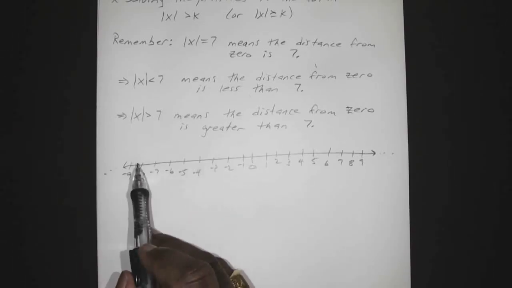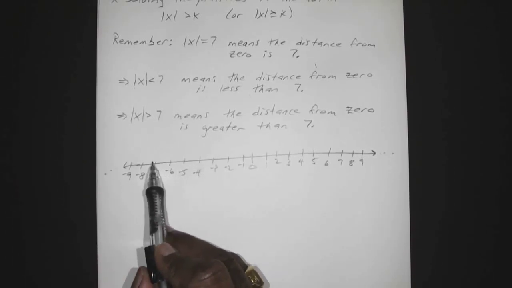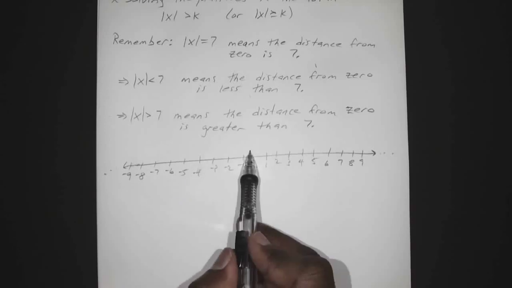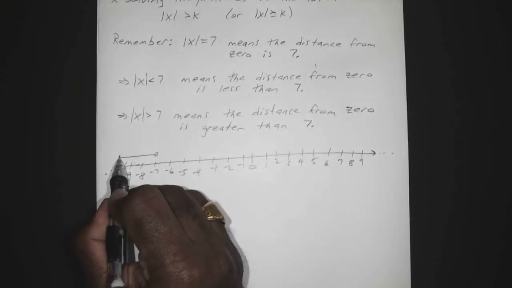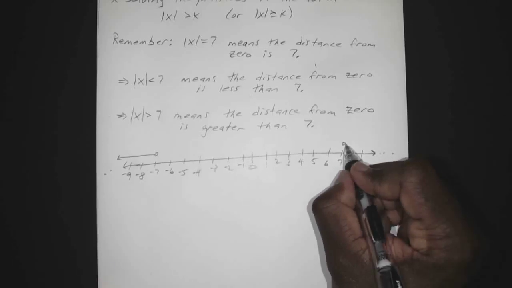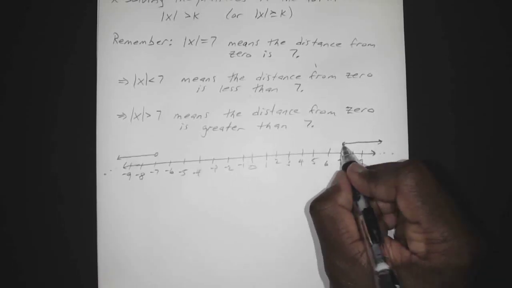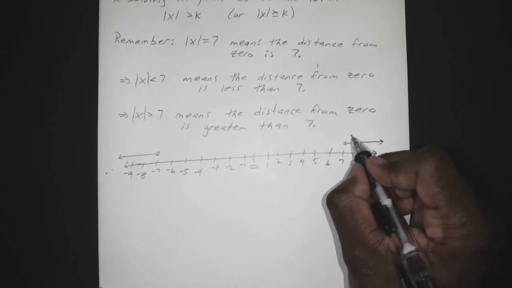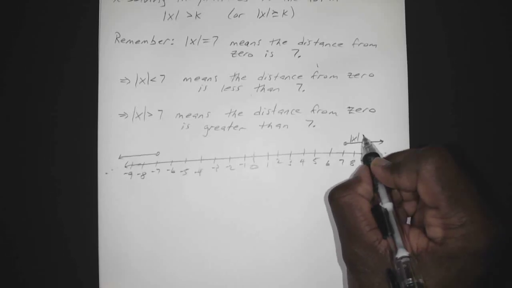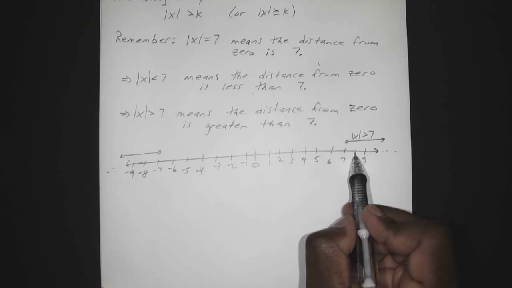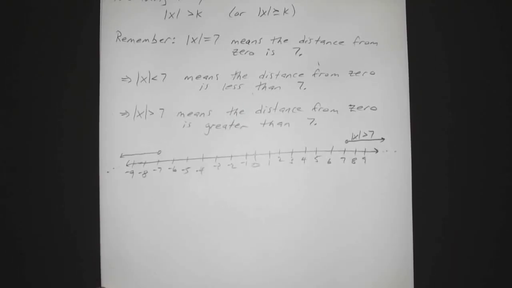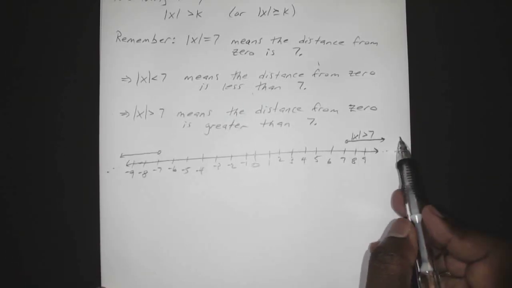Okay, so if we know everything from here to here would be less than, that means everything from this side and everything from this side would be true, because the absolute value of x is greater than 7. If we plug in 8, the absolute value of 8 is bigger than 7. Absolute value of 9 is bigger than 7.